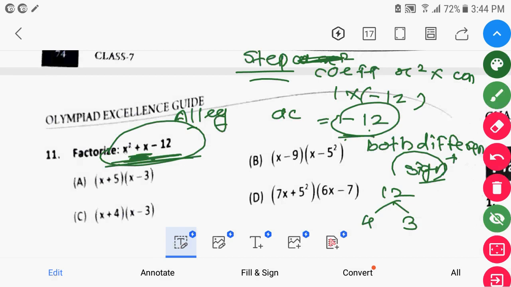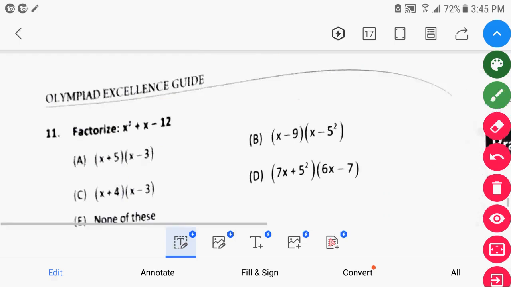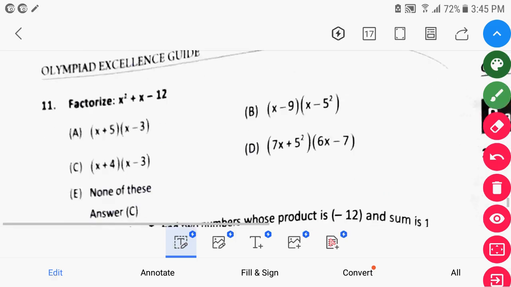Again go to check the sign of the coefficient of x. The coefficient of x is positive, meaning the greater number is positive and the smaller number is negative. So the factors are x plus 4 and x minus 3. Understood? So option C is your answer.